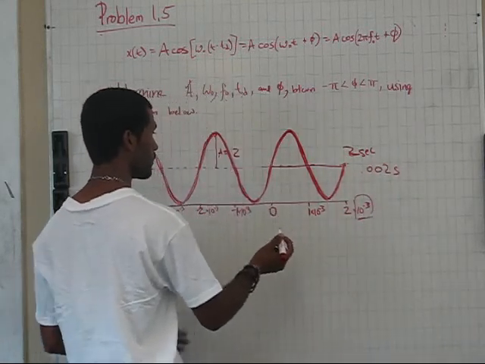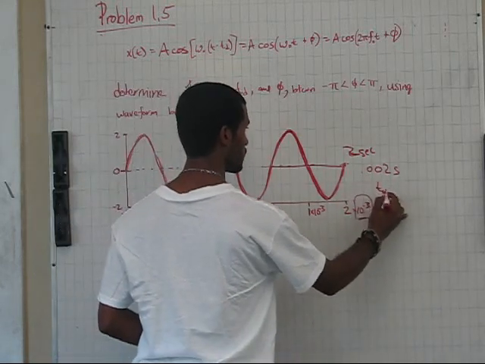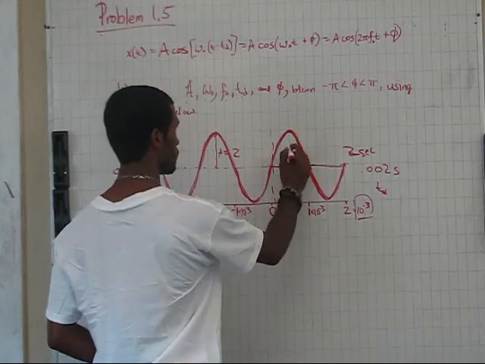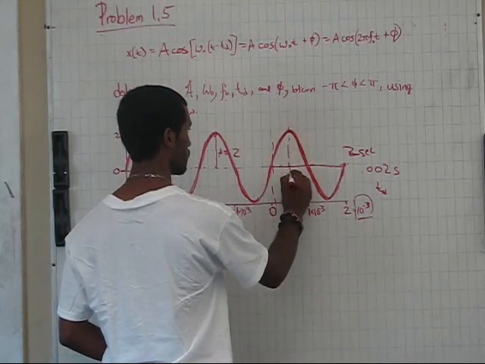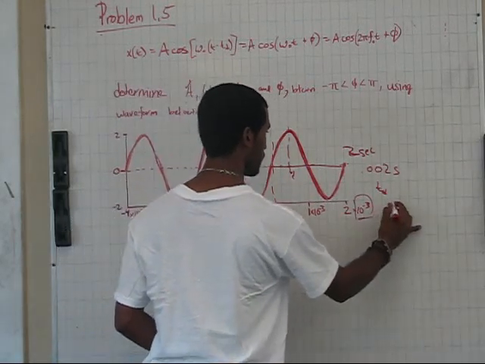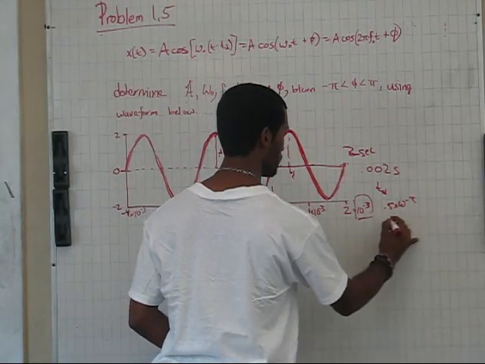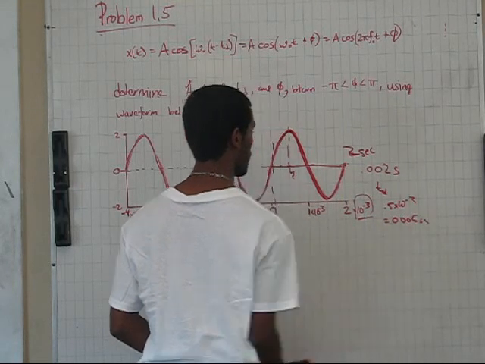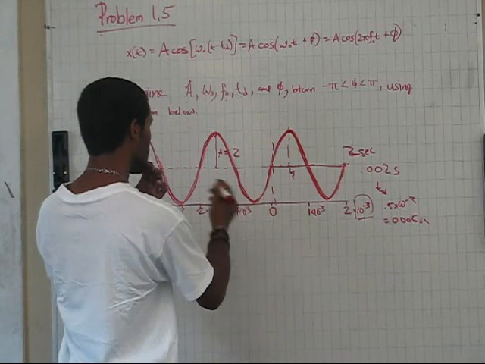And then to figure out the time delay, or your TD, is going to be from the 0 axis to TD. This is 0.5 times 10 to the negative third, which is equal to 0.0005 seconds. So those are the simple things you can figure out just by looking at the graph.